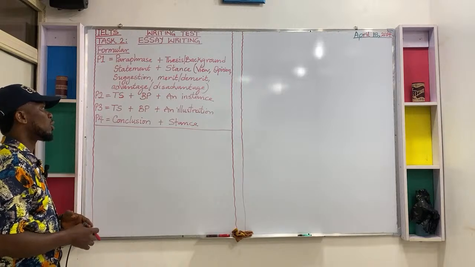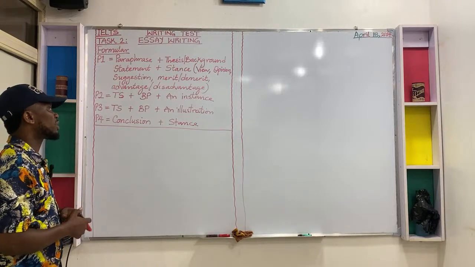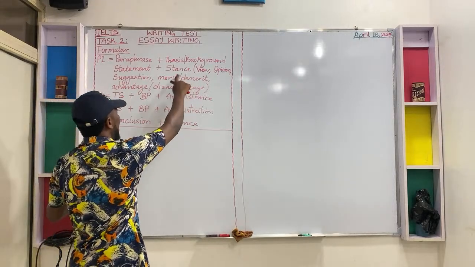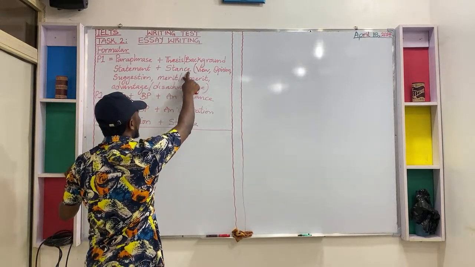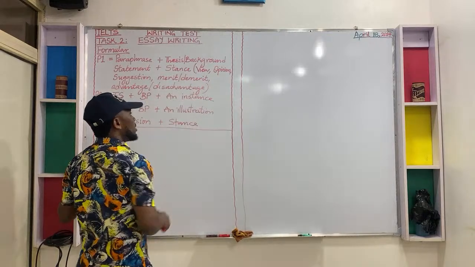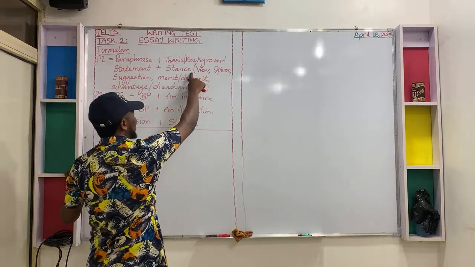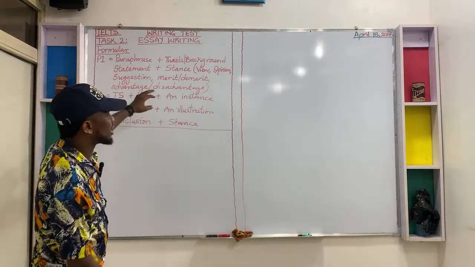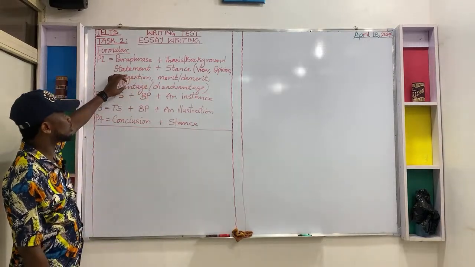Give your own opinion, or discuss both sides of the argument and give your own opinion. So when you are instructed to give your own opinion, that will be your stance.